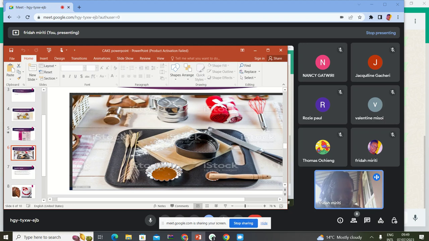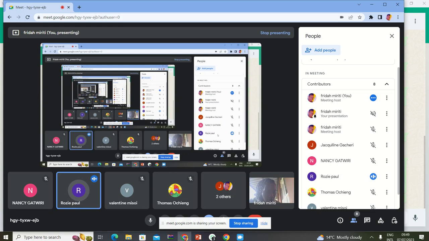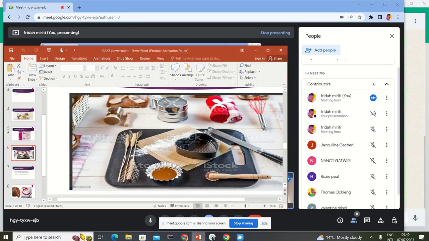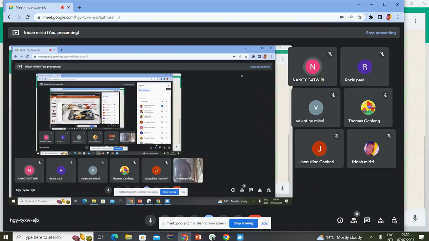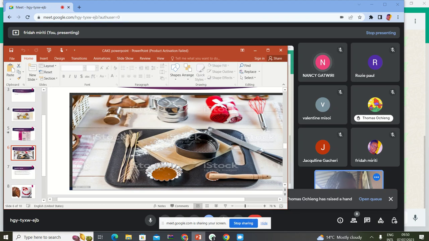Look at the picture clearly and tell me what you can identify. Baking tin, yes. What else can you see? Whisk, yes. What else? Pastry brush, yes.